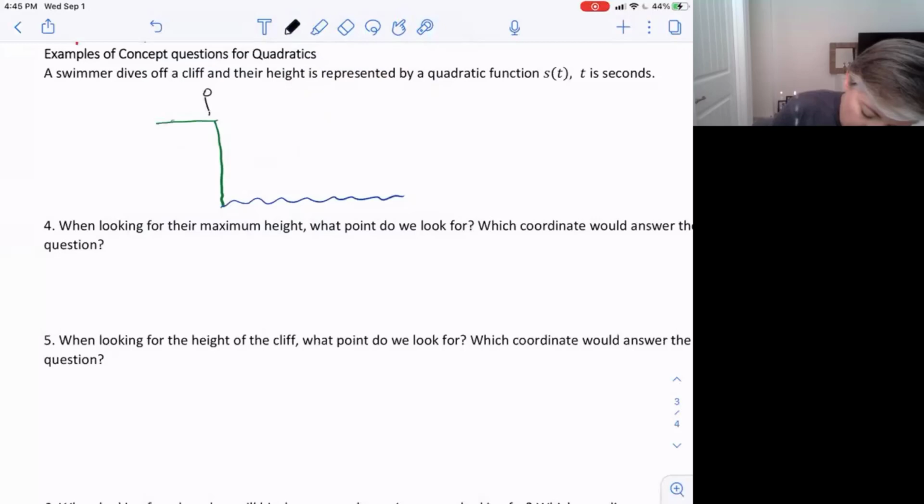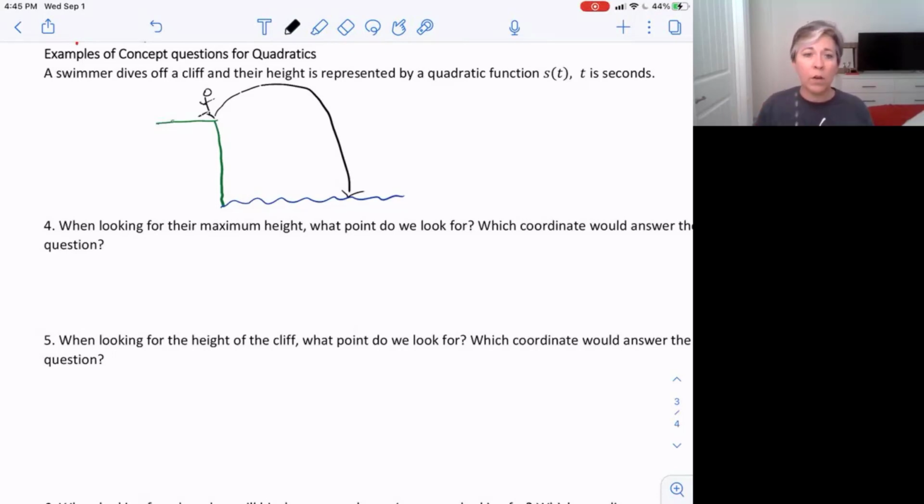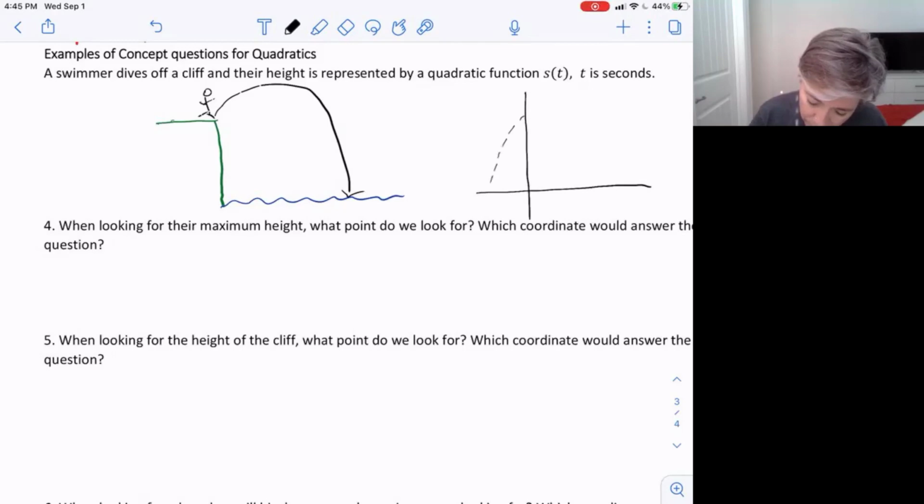If you have a diver up here on top of the cliff and they jump off, that is part of a quadratic function. It's creating a parabola. So when you look at that picture, we can consider the water the x-axis, and that edge of the cliff as our y-axis. And if we were to draw it, it would look something like this.